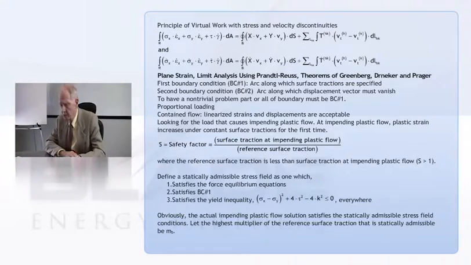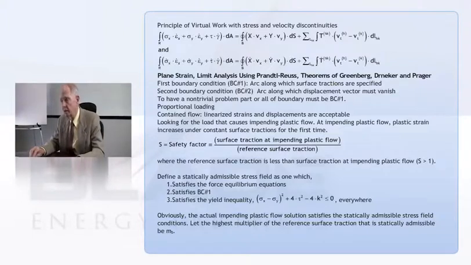And what is meant by proportional loading is, imagine you have a body and you have a bunch of loads applied to it, maybe 10 different loads. They all have to grow in the same proportion. So you can write them as a function of, say, time times some number, and then you gradually increase monotonically the function of time.